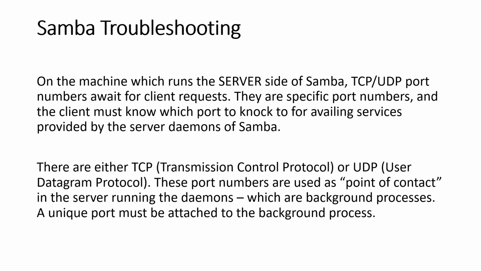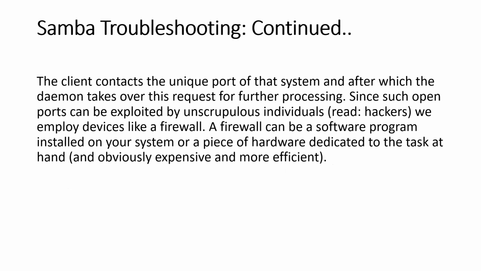These port numbers are used as points of contact in the server running the daemons, which are background processes. A unique port number must be attached to the background process. This is for the specific computer. The client contacts the unique port of that system, after which the daemon takes over the request for further processing.